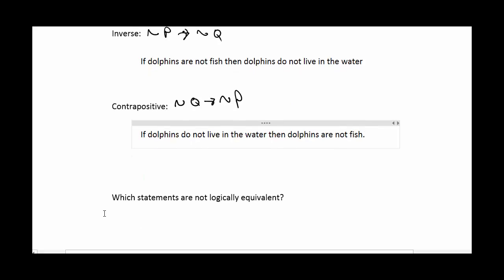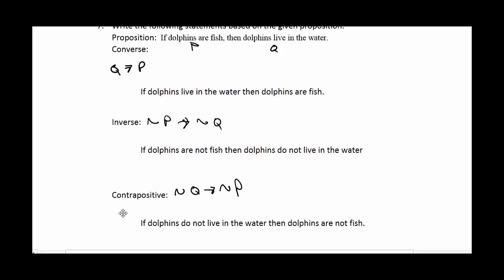And then the last part asks about which statements are not logically equivalent. Well, let's kind of remind ourselves about a couple of things. The converse and inverse are logically equivalent statements. In other words, if the converse is in fact a true statement, then the inverse would also be true. Similarly, if the converse is false, then the inverse should be false. The preposition and the contrapositive are also logically equivalent statements.